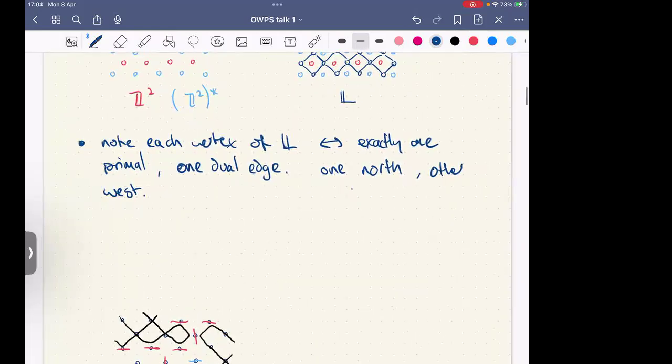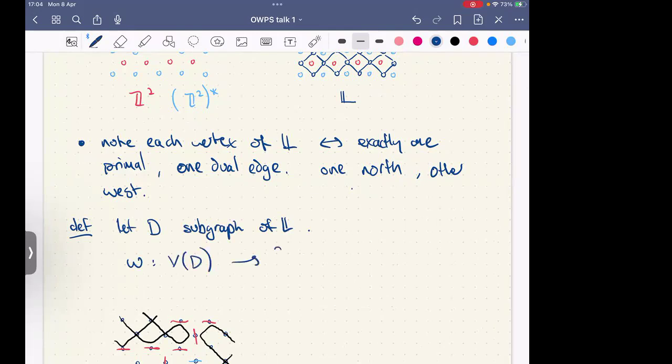Okay, and then I'm going to define our mirror configurations, which you know very well now. But I'm going to define it on a slightly more general graph than before. So just let D be some subgraph of L, and then a mirror configuration is a map omega from the vertices of D into empty or N or W. I'm going to call that a mirror configuration.